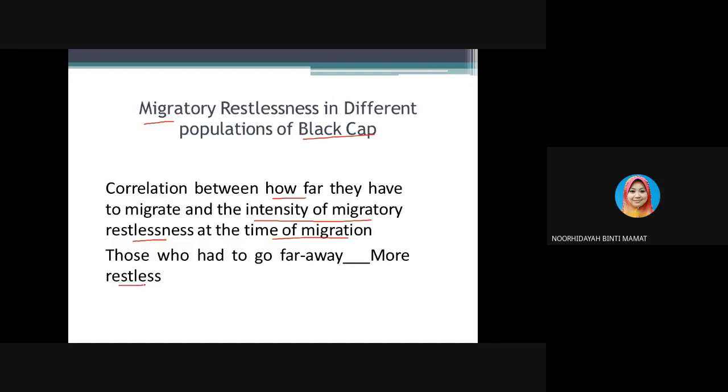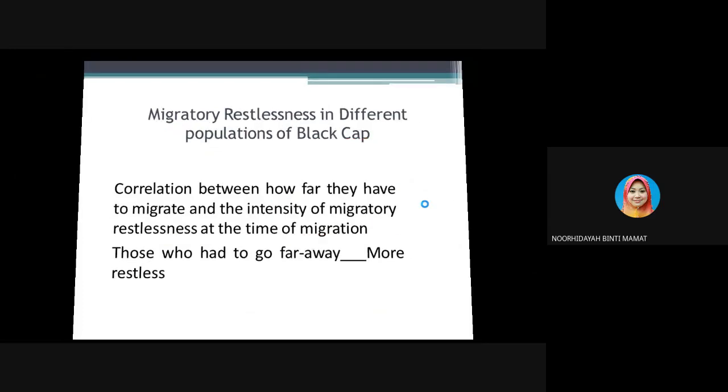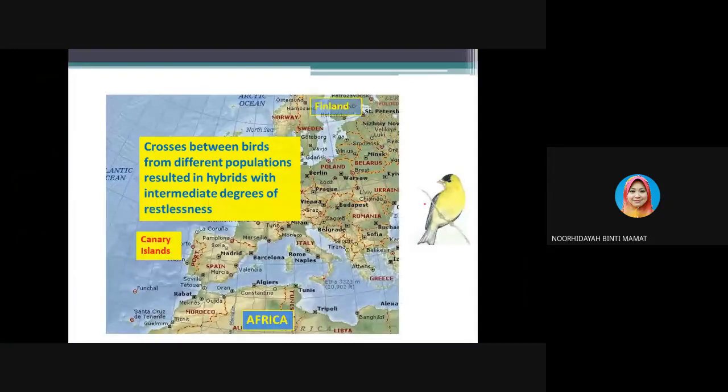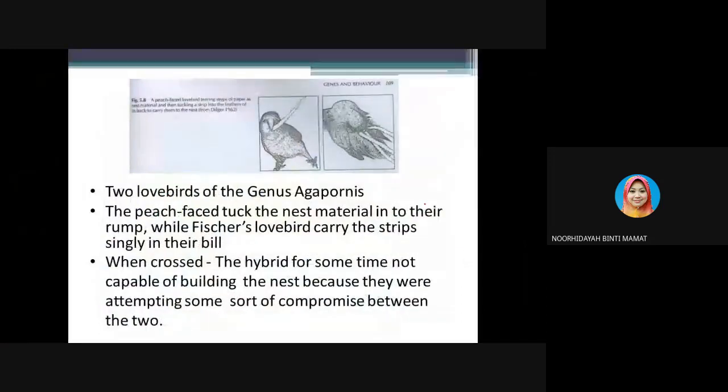But it is hard for us to study the genes that affect how far they migrate, or the intensity of migratory restlessness of the blackcap. So it is hard to study the genes that correlate with this example of behavior. This is an example of a migratory bird.